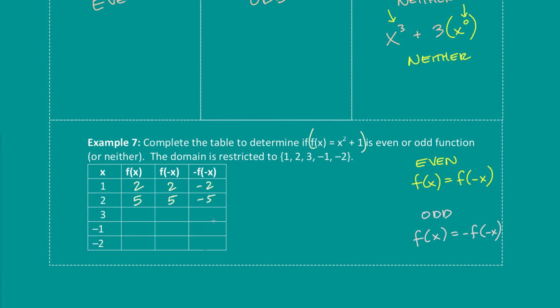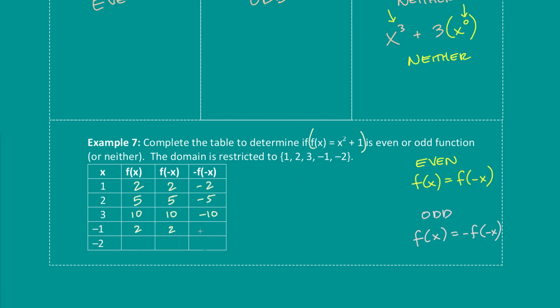If you're starting to see a pattern, you should be able to identify this. So let's plug in 3. 3 squared is 9 plus 1 would be 10. If I plug in negative 3, squared is 9 plus 1 is 10. This is negative there. If I plug in negative 1, squared is 1 plus 1 is 2. If I plug in the negative of this, which is just 1, f of 1 is 1 squared, which is 1, plus 1 is 2.